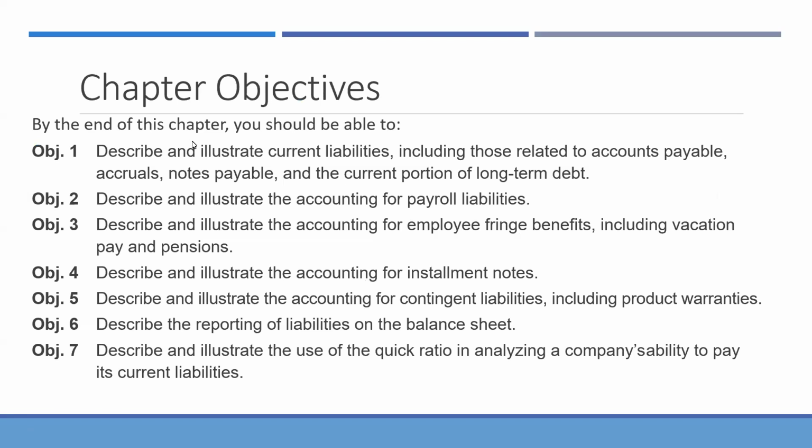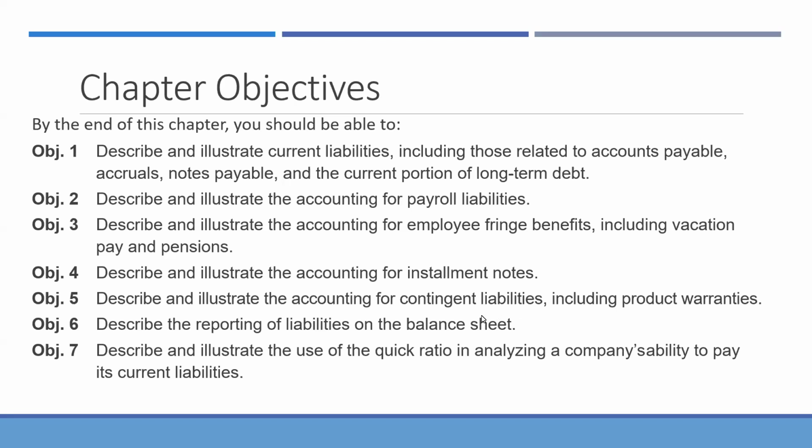And we are going to describe and illustrate current liabilities, including accounts payable, accruals, notes payable, and current portion of long-term debt, the accounting for payroll liabilities, the accounting for employee fringe benefits, including vacation pay and pensions, on a brief level, of course, and describing the current accounting for installment notes.